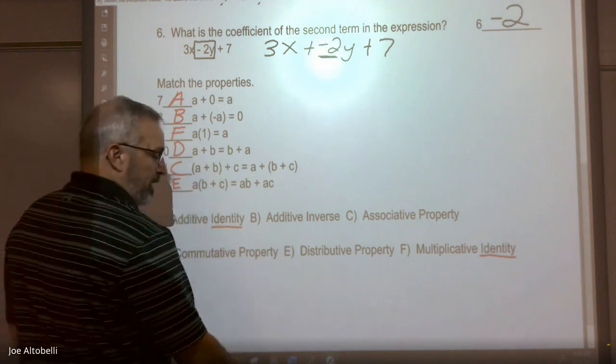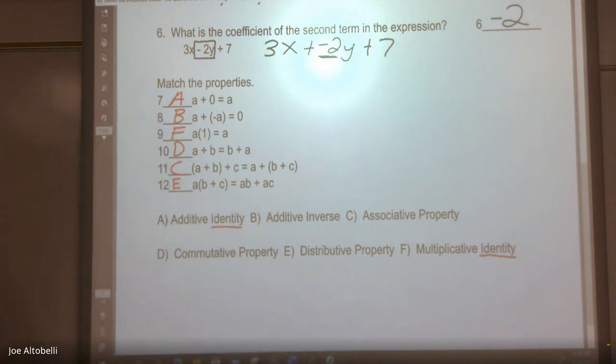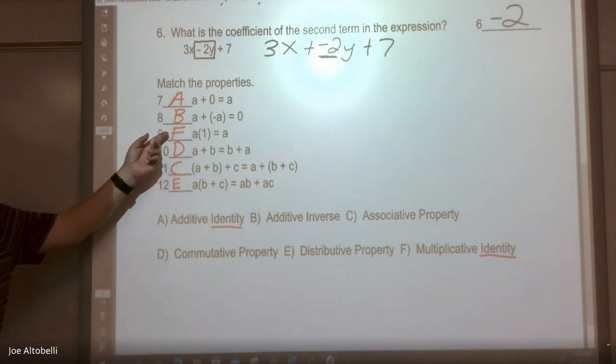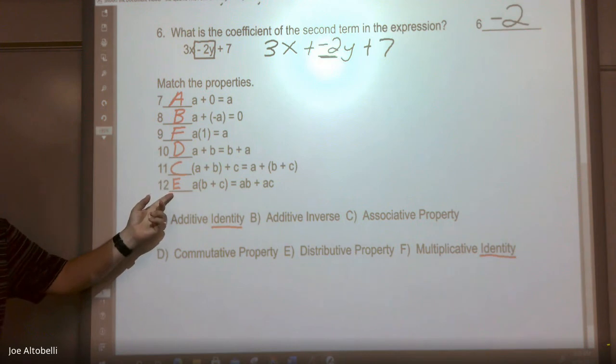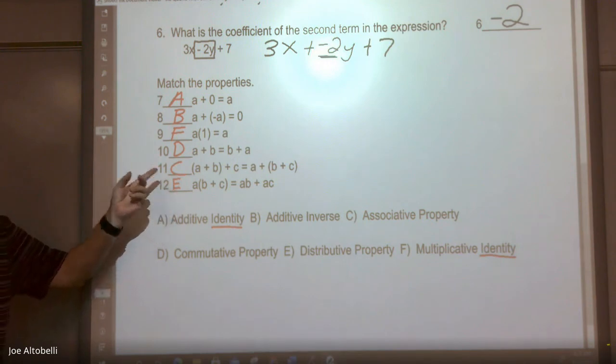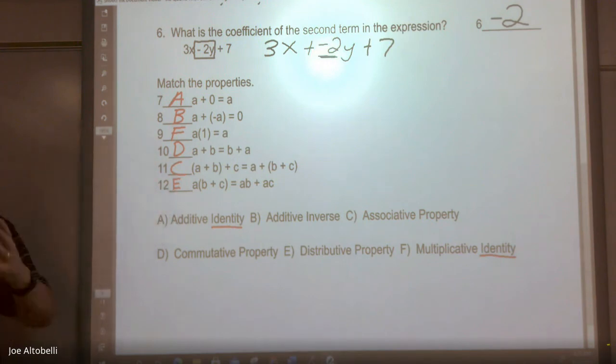So, caution, when you do the actual quiz, make sure your F looks like an F and your E looks like an E. Preferably uppercase, but if you need to put a lowercase e so it doesn't look like your F, that's fine. I just need to know what the letter is. Make sure you're very clear on these letters.